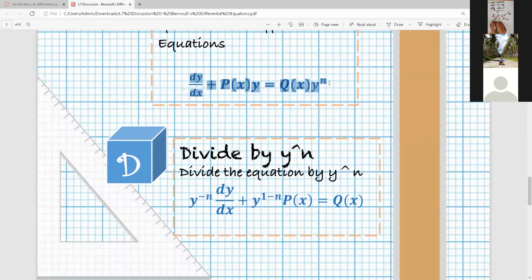We'll have y raised to negative 3 dy over dx minus 3 over 2 y, where y raised to 1 minus 3, because of their powers, will be y raised to negative 2. And that's equal to, this will be cancelled, 1 over 2x squared.